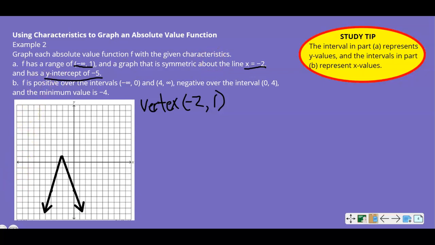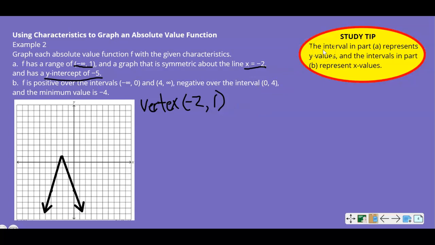So we're going to determine that A part is finished, and now we're going to look at part B. F is positive over the intervals -infinity to 0 and 4 to infinity. Negative over the interval 0 to 4, and the minimum value is -4.